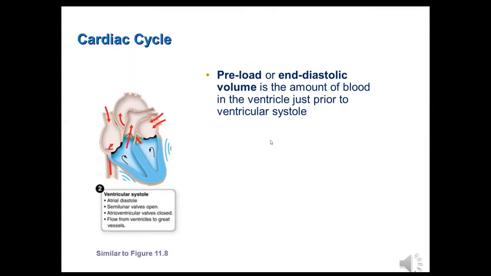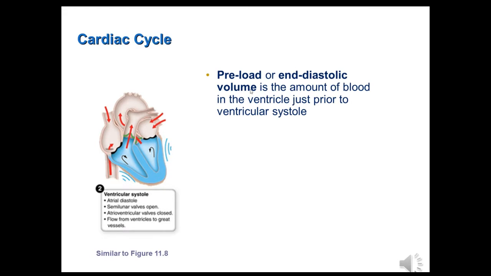Okay, so let's define a couple of terms: preload and end diastolic volume. So preload is the amount of blood that is in the ventricles right before they contract. In other words, it's the volume of blood in the ventricles at the end of the relaxation phase, at the end of diastole.